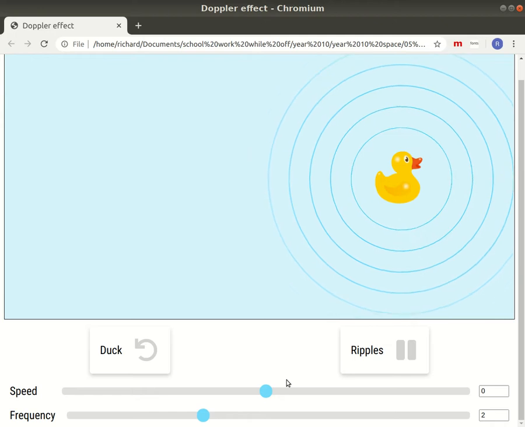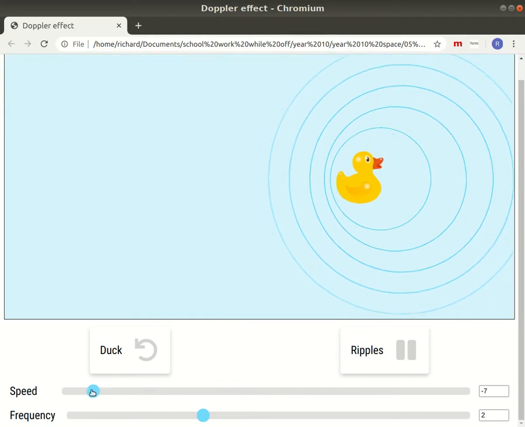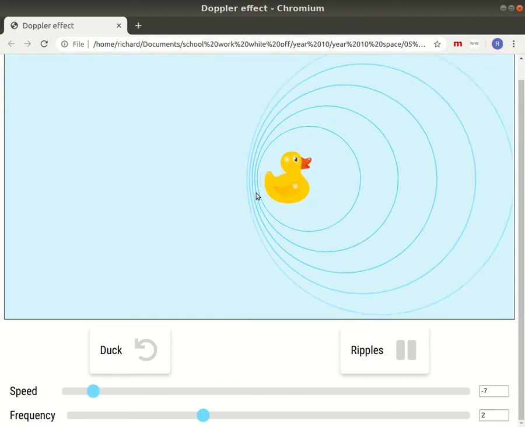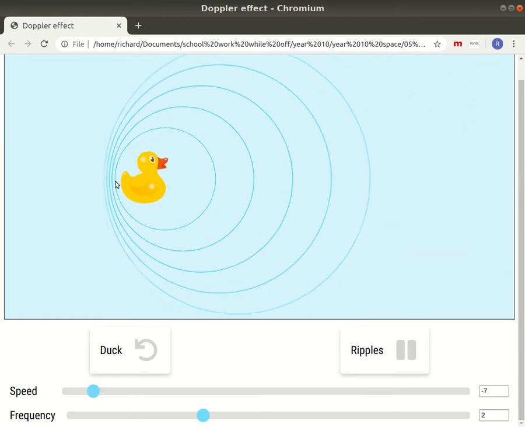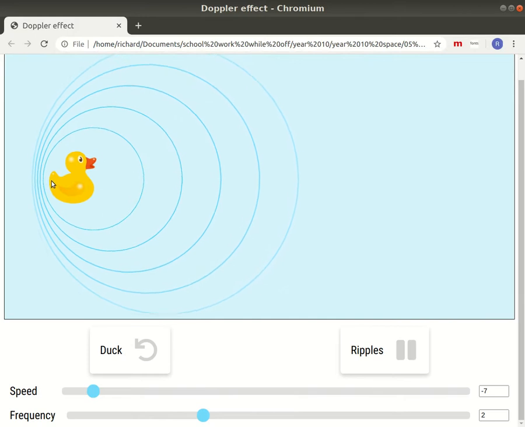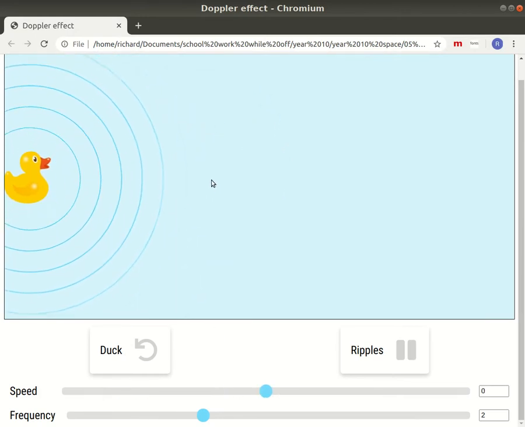And the faster the duck goes relative to the speed of the wave, the closer those waves get together. So if the duck were to go really fast, you can see the wavelength now in front of the duck, or in front of the direction it's travelling, is very, very small, and the wavelength behind the duck has increased significantly.